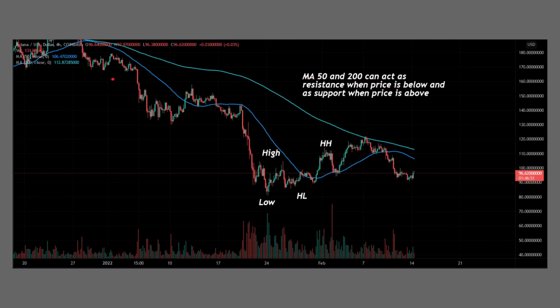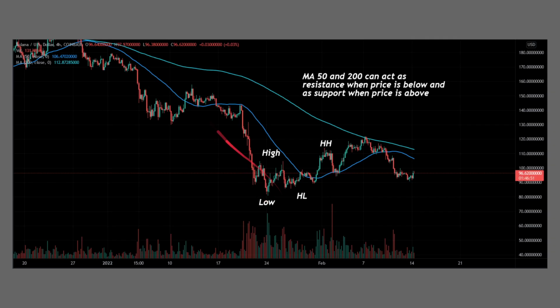So here's an example of Solana. This is a recent example, Solana on the 4-hour chart. Here is an example of using moving averages to determine, hey, where could price go in the event of a market structure break. So in this example, we see Solana coming from a downtrend, producing lower high, lower low, lower high, and lower lows.